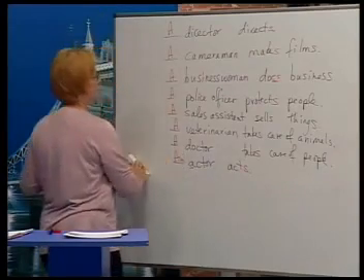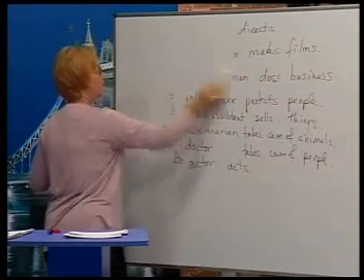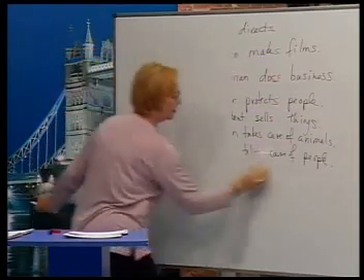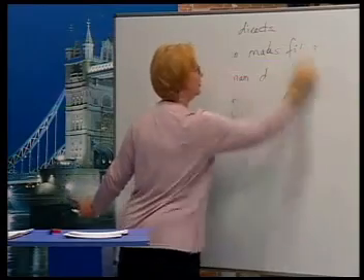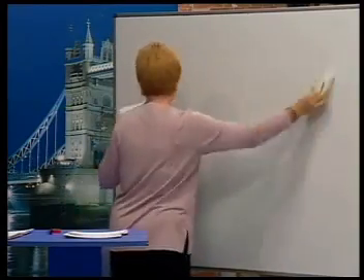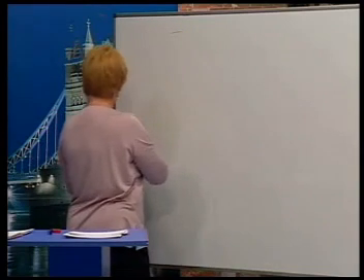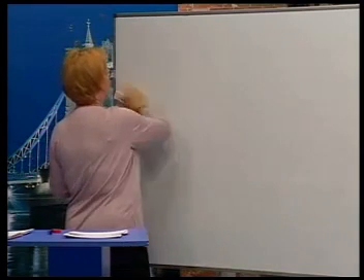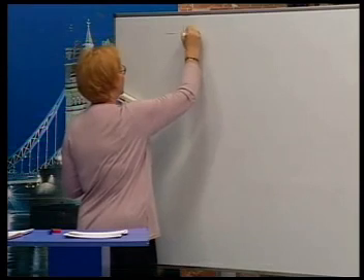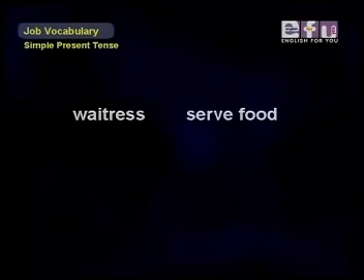And let's make some space here for the next ones. We have a lot of jobs here, and you can see what these people do. All right, okay. Oops, let's use black. Waitress, serve food.